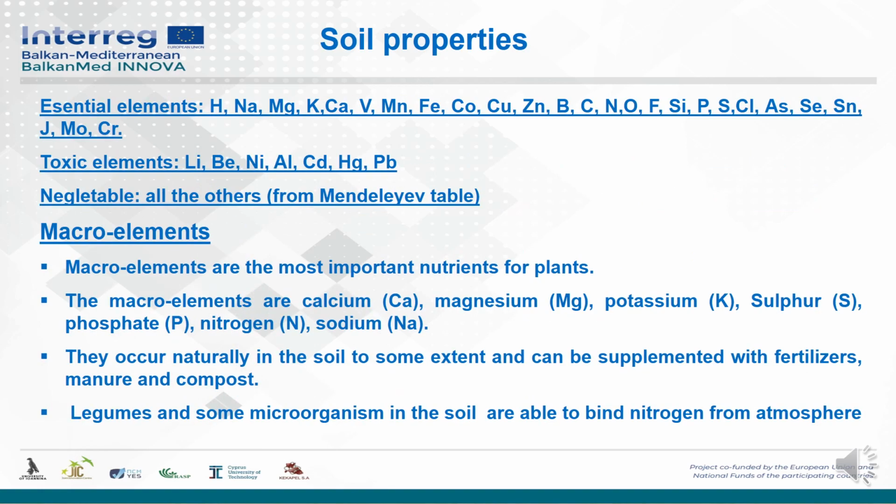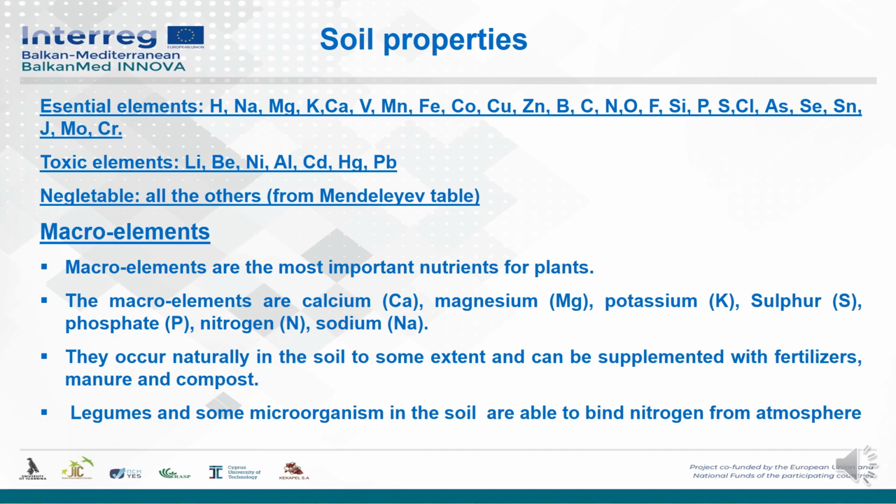Let's see here a list of elements that can be found in the soil and that are important for the soil and for the plants. So we have here a list of essential elements, and I invite you to have a look and try to memorize them.